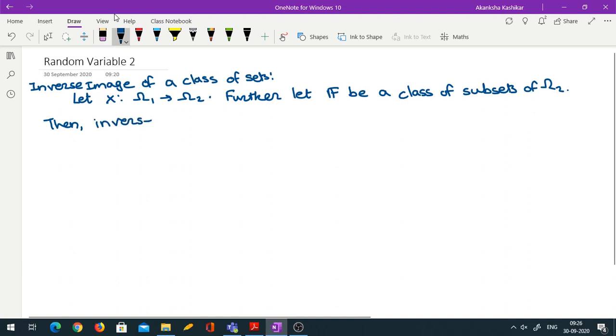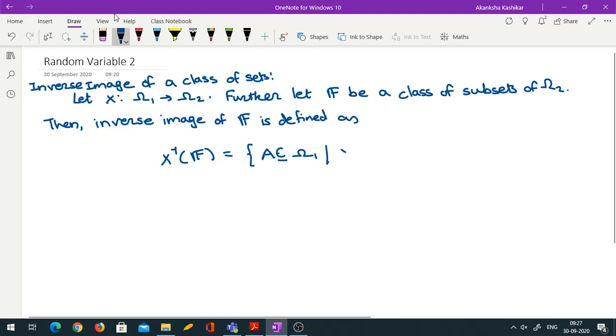the inverse image of script F is defined as X inverse of F, the collection of all those sets which are subsets of omega 1 such that X inverse of S is equal to A for some S in F. Okay, it can be written in a simplified form also.